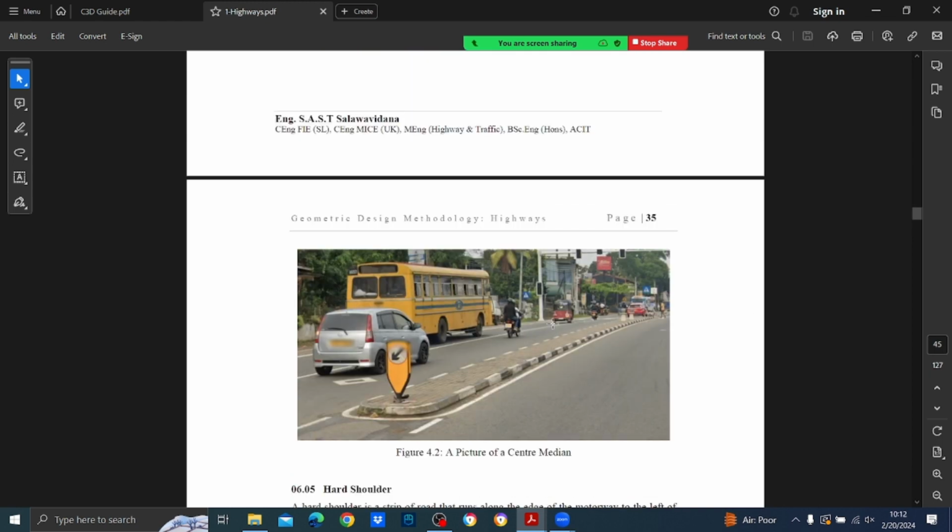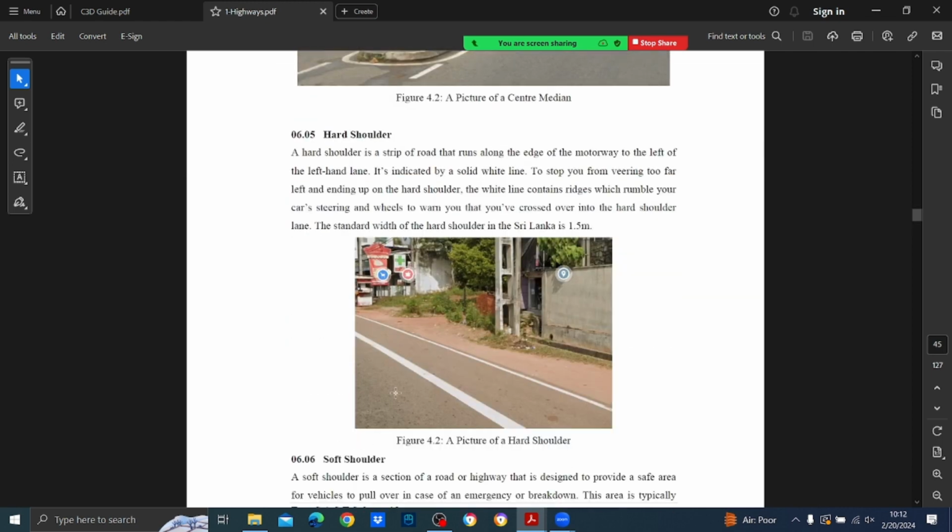And remember, you can provide a center median only if you have at least a 4 lane road. So 2 lane roads don't provide center medians. That is not very proper. And the hard shoulder is this. At the end of the lane, there is something called the hard shoulder. You call it hard shoulder come bicycle lane, so it can be utilized for bicycles as well.